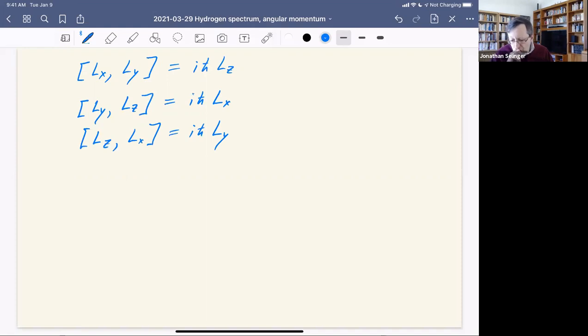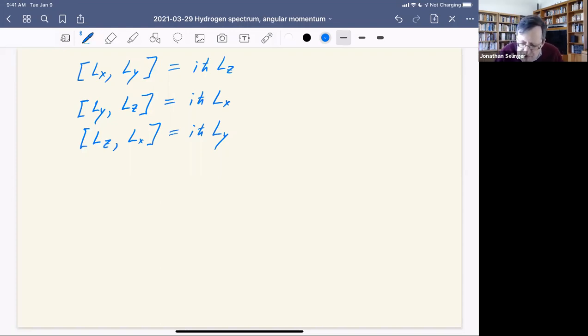That shows us how to do commutation relations for angular momentum. I proved the first one; the second and third you can prove for practice with the same method, or you can just reason it works by permuting all the indices forwards.